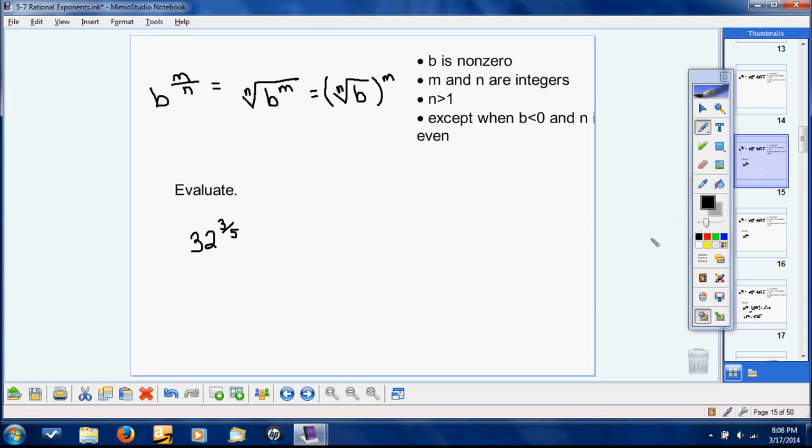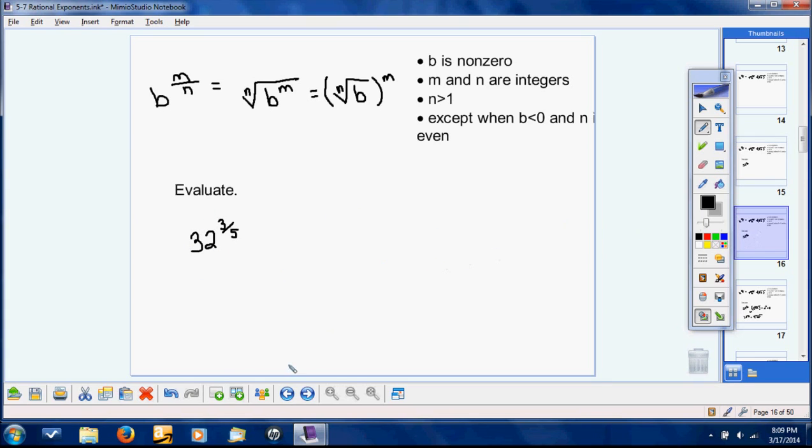Okay. So let's take a look at 32 to the 3/5. There's a couple different ways that you can handle it. We're going to handle it this way first. It says evaluate, which means that we're looking for an answer for that.